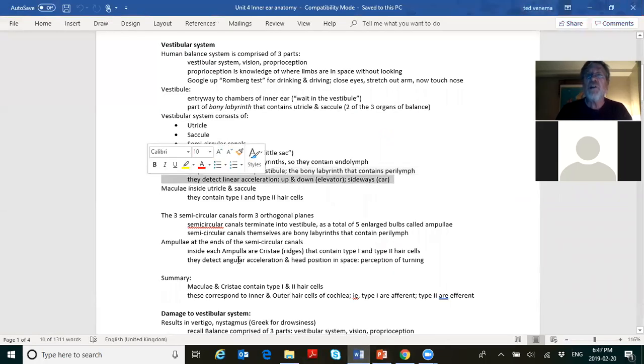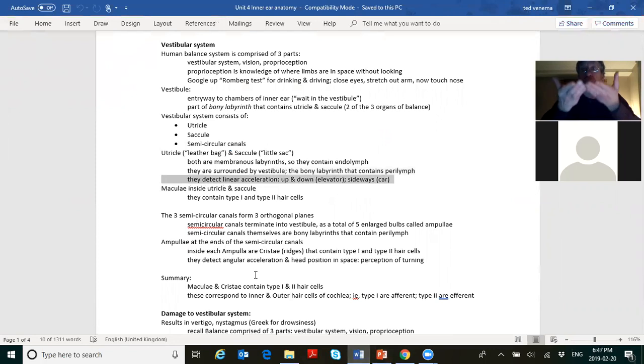They detect linear acceleration up and down, like when you're in an elevator and suddenly it goes up and then stops and your whole stomach, whoa, utricle and saccule. Or you're stopped at a stoplight, and then you're accelerating, and you're going straight ahead, or you're going in reverse. It helps you detect linear acceleration, either horizontally or vertically.